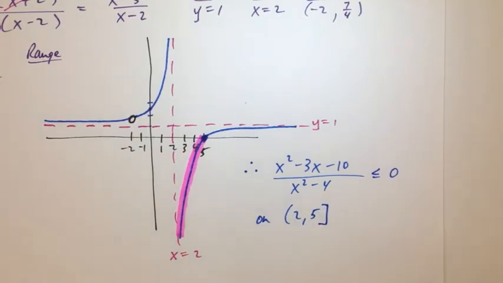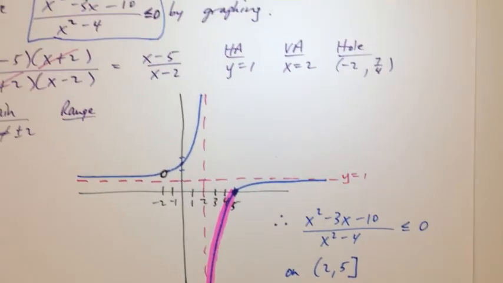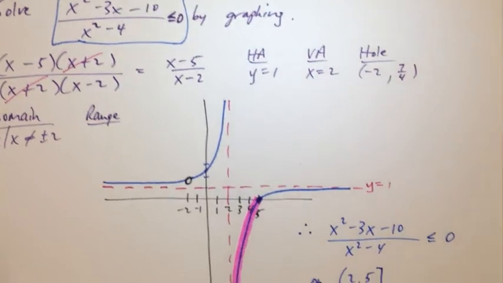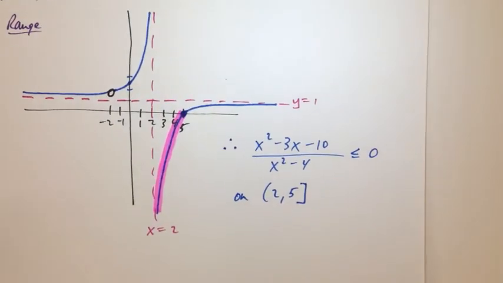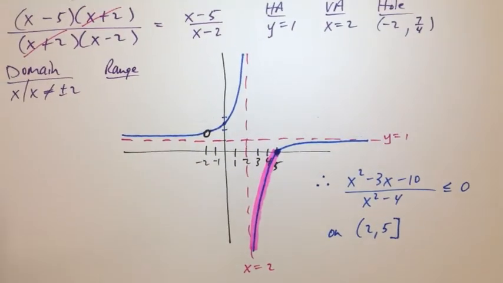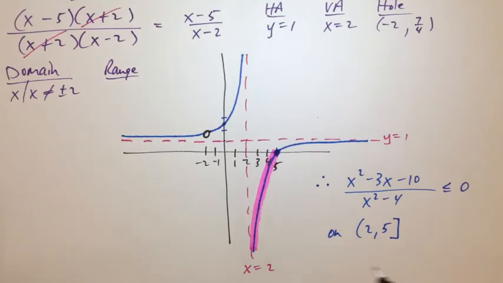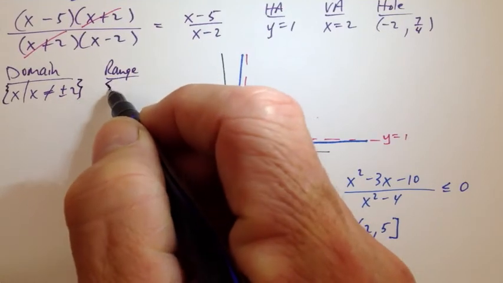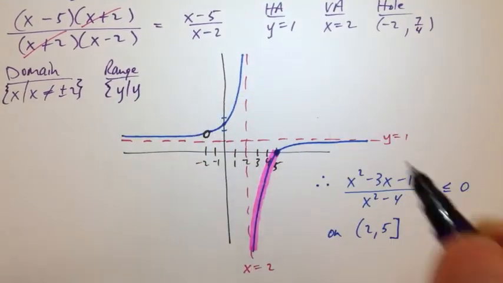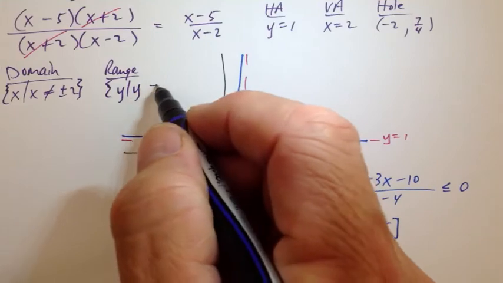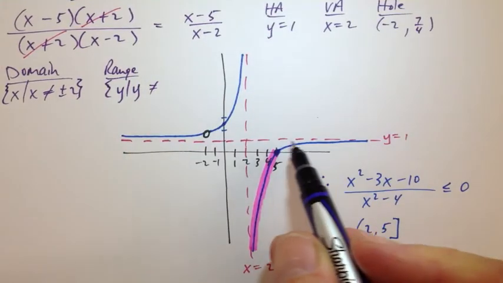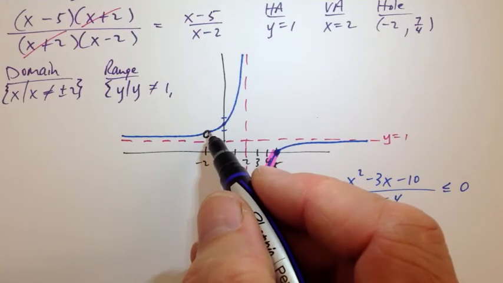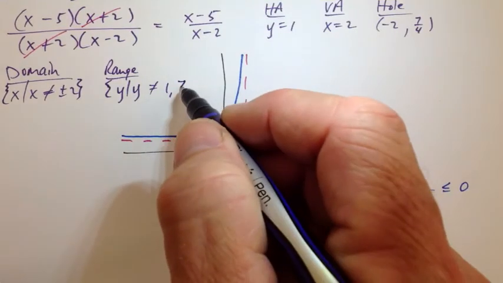In the next video I'm going to show you how to solve these rational inequalities by algebraic methods. By the way, I never showed you what the range of this function was. We can see the range is all y's such that y cannot equal 1, and it also cannot equal the y value of that hole right there, which is 7 over 4.